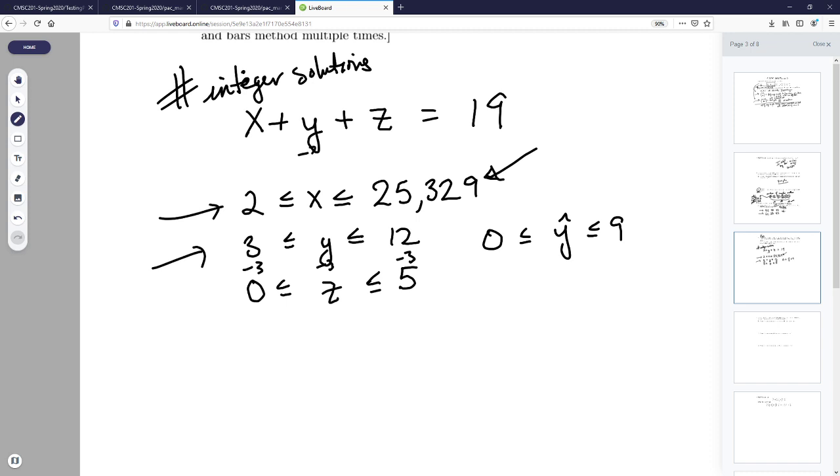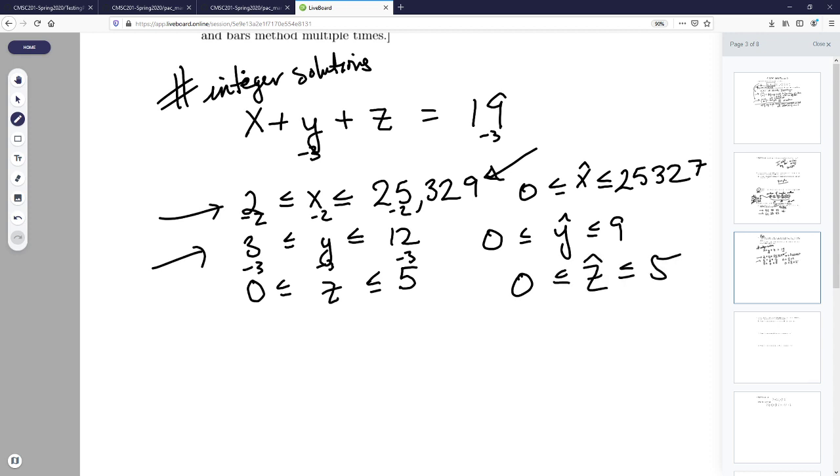And for x, if we subtract off 2 from all sides, we'll get 0 is less than or equal to x hat is less than or equal to 25,327, which obviously is going to matter in this problem. And then z gets hatted in the same way.